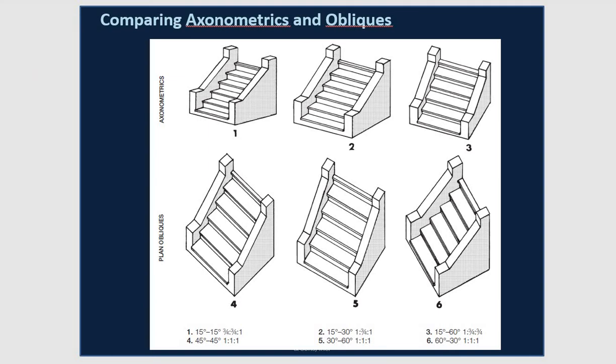A little bit about the stair. We have isometric and oblique. If you look at the isometric, you can see the stair on an angle. You can see that. You see angle right here, angle right here.